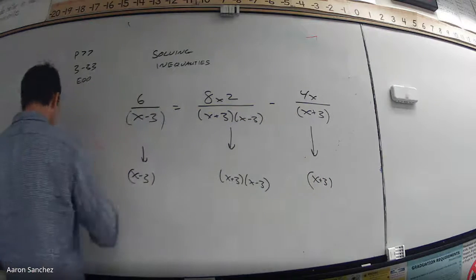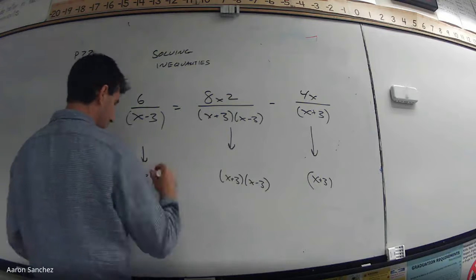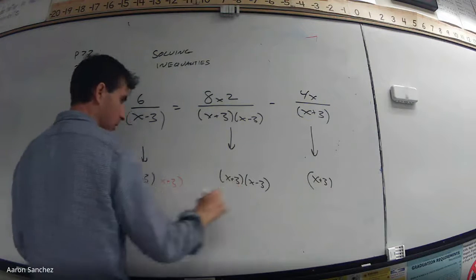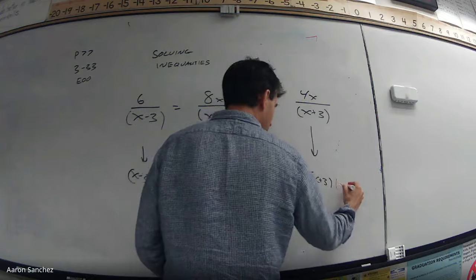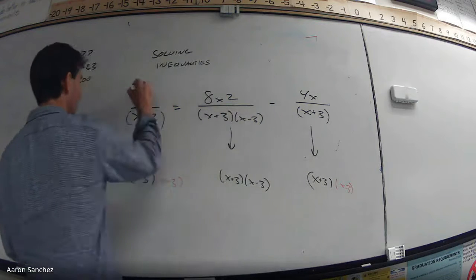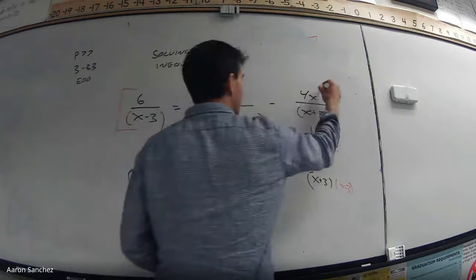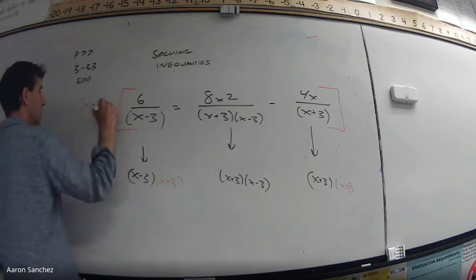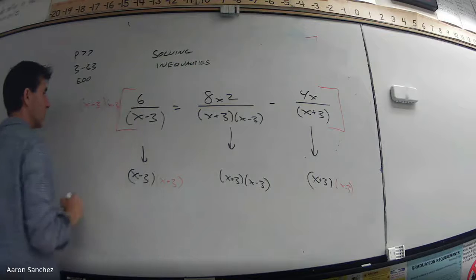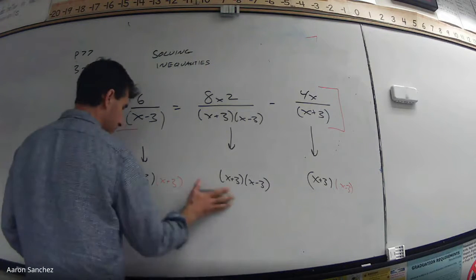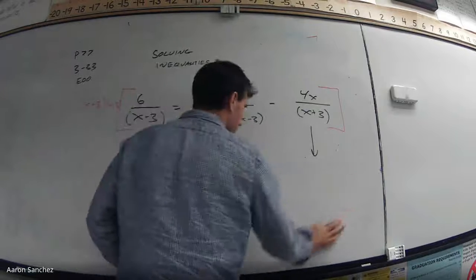Looks like this one needs an x plus 3, and this one needs an x minus 3. So guess what? Multiply everything times x plus 3 times x minus 3. Okay, so let's write it all out. Here we go.